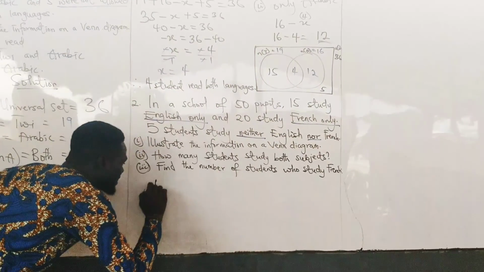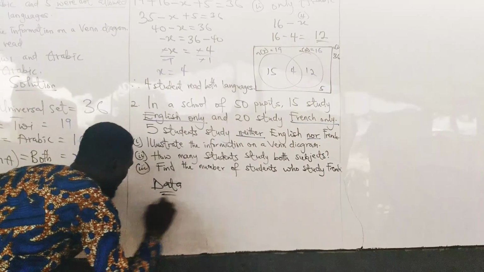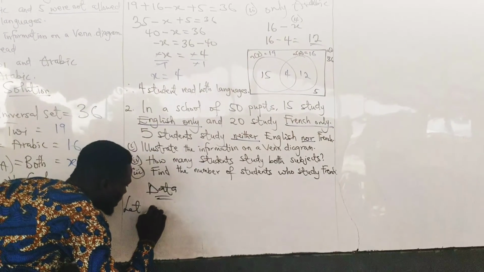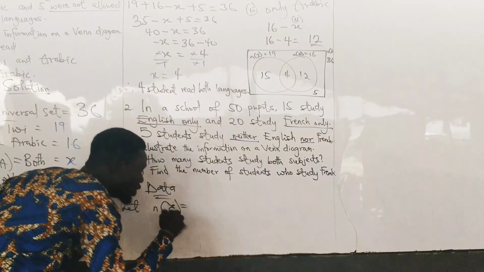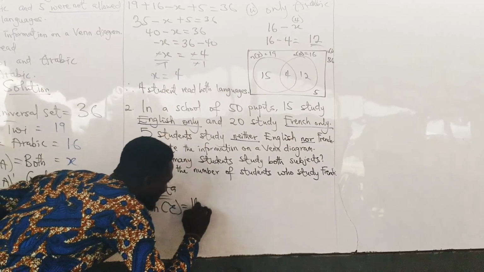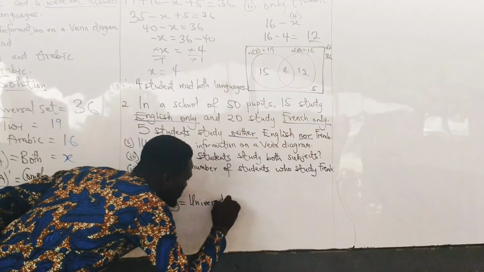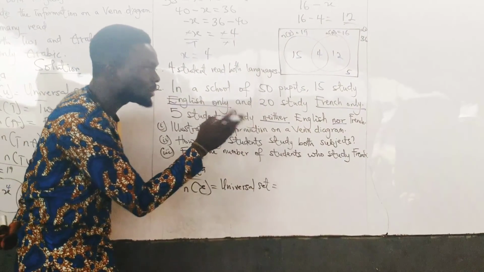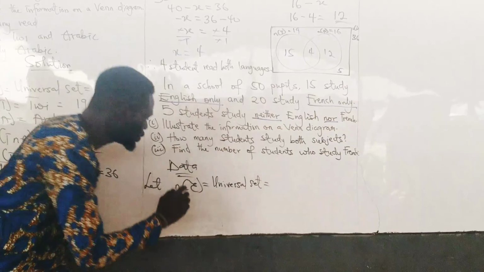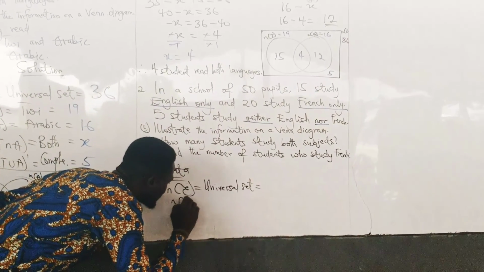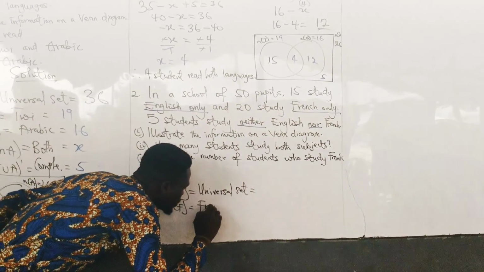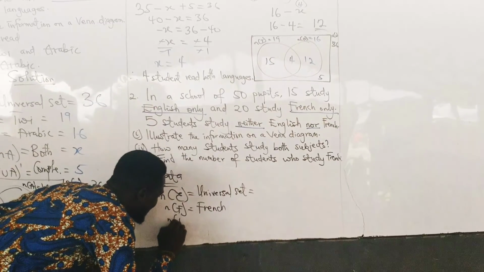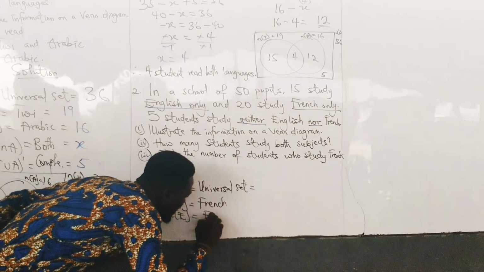So to give my data, I am going to say let U be the universal set. Then the subjects they mentioned are French and English. So let F be French and E be English.